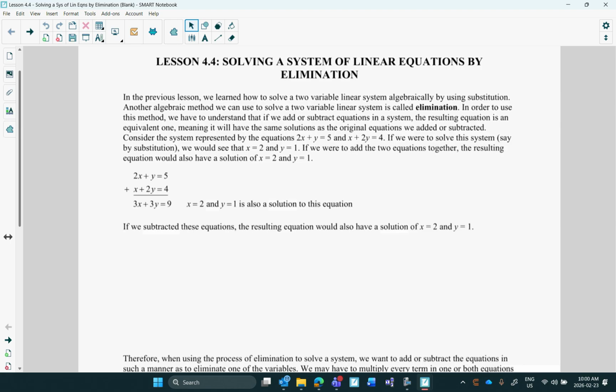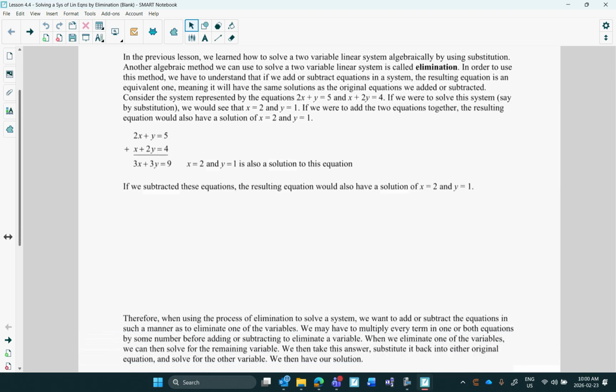Now, elimination. The basis of elimination is if you take two equations that have some solution, and if you add them together to get another equation, that equation will have the same solution. So like for this one, let's say we solve this by substitution and we got x equals 2 and y equals 1.